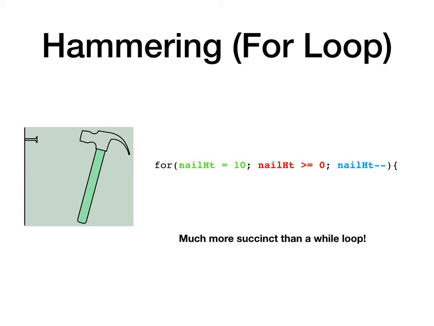As long as nail height is greater than or equal to 0, we will continue to loop. And our update happens right in here: we subtract 1 from nail height. And of course, we still have to make the bang sound. So that's it, actually.